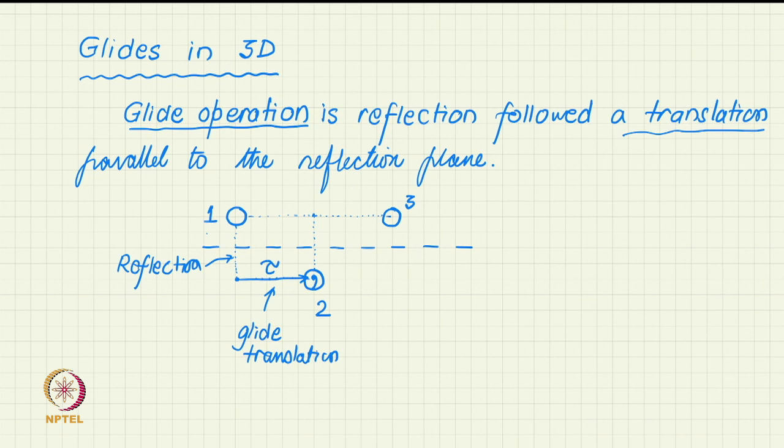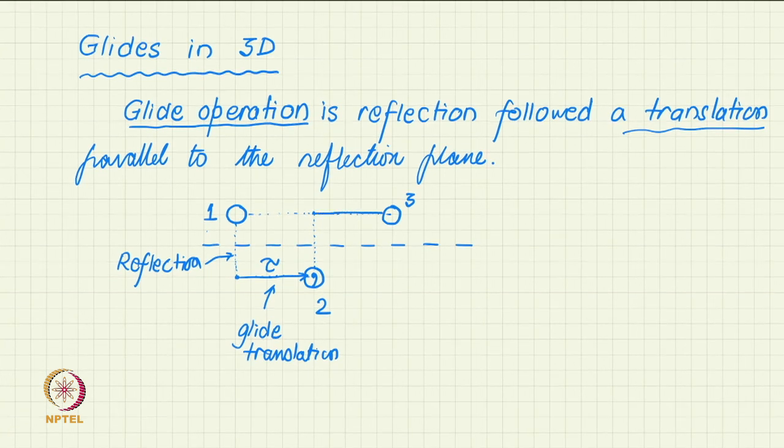So, the comma I had put for showing the change in handedness for object 2, but now again a change in handedness of that will bring it to the same handedness as the original object 1. So, 1 and 3 have the same handedness, and this translation again is tau, because I applied the same glide operation.